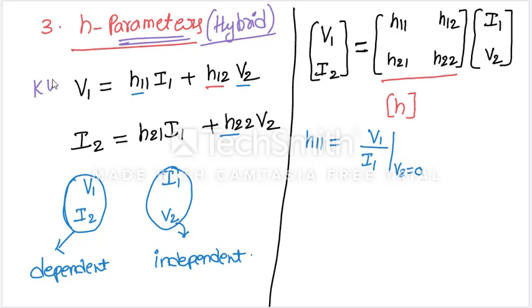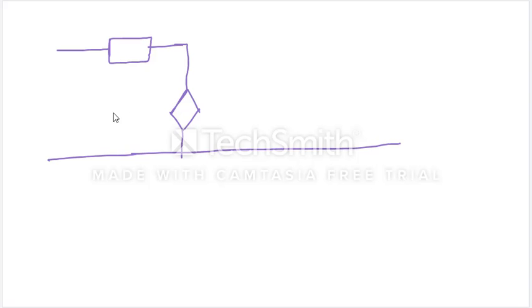Now we'll develop the network for these equations. The first is a KVL equation, a voltage equation, and the second is a KCL equation. KVL means a practical voltage source and KCL a practical current source, so the input is a Thevenin and the output is a Norton, a practical current source.